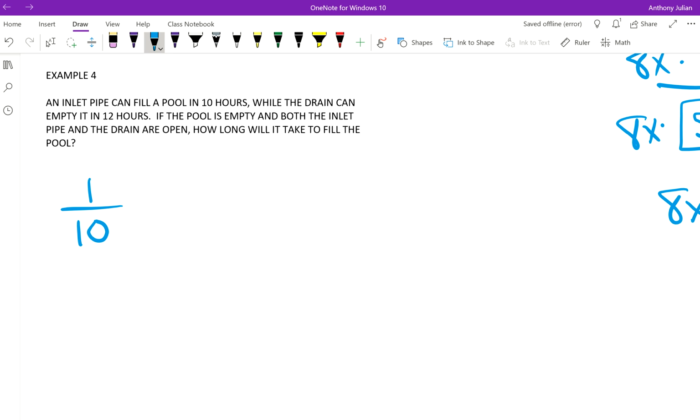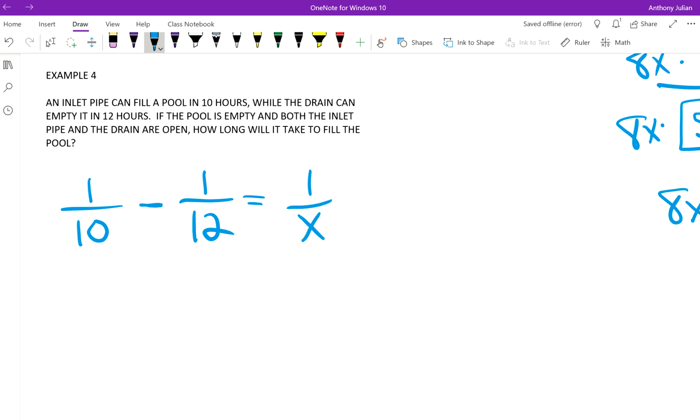And so I need to subtract this 1/12, because I'm subtracting. Okay? And then it's going to equal 1/x. How long will it take to fill the pool, given it takes 10 hours to fill it and 12 hours to empty it? But this is my setup. This is what I'm ready to do.